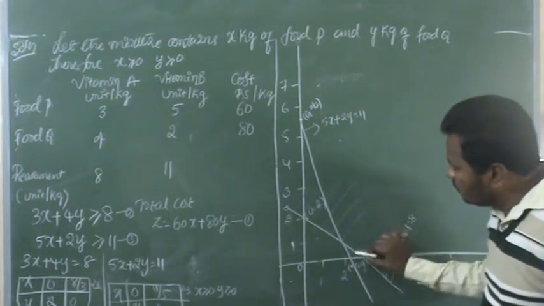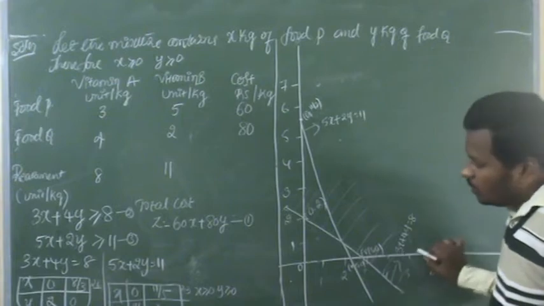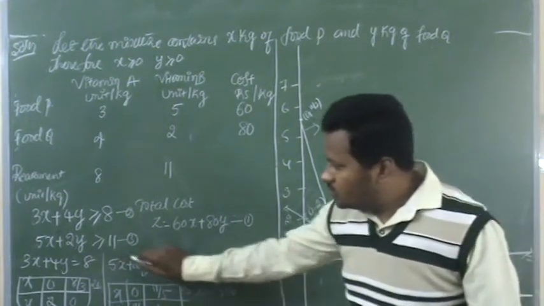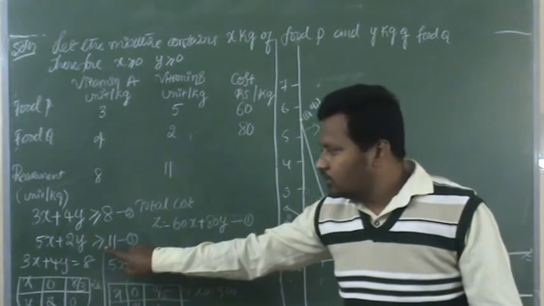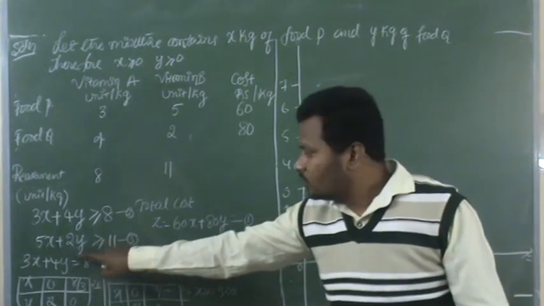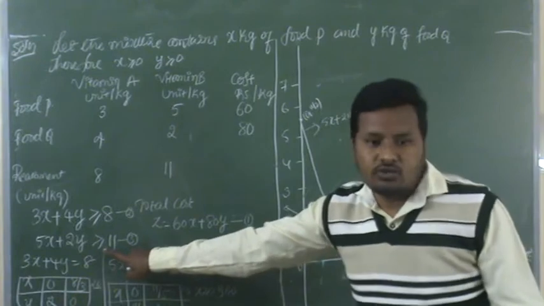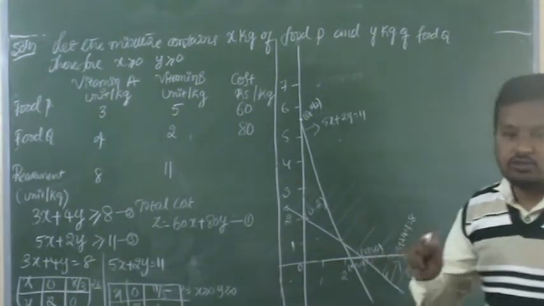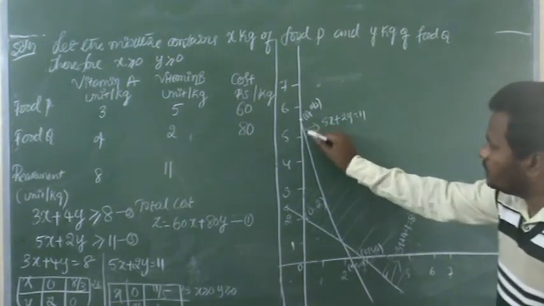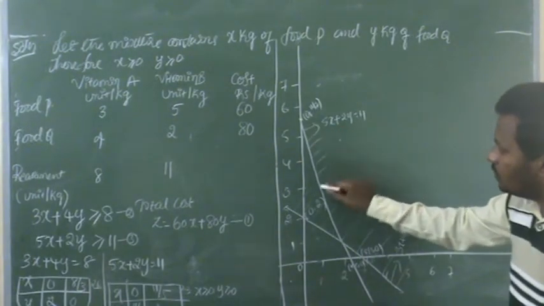And for the second equation, 5x plus 2y greater than or equals to 11, that is 0 plus 0 greater than or equals to 11, it is also a false statement. Therefore the shaded part is above the origin.